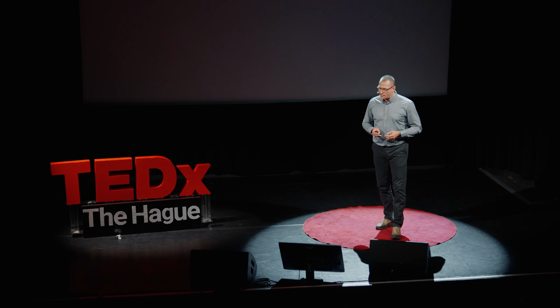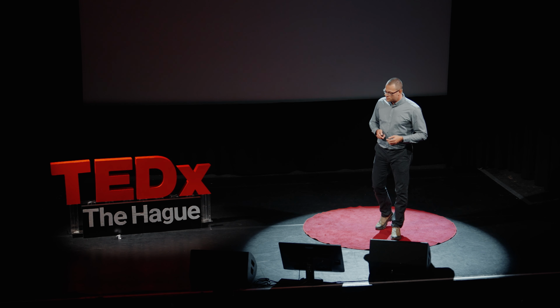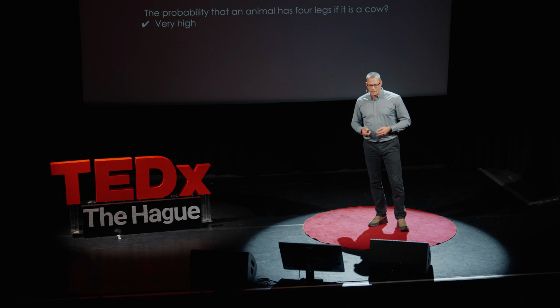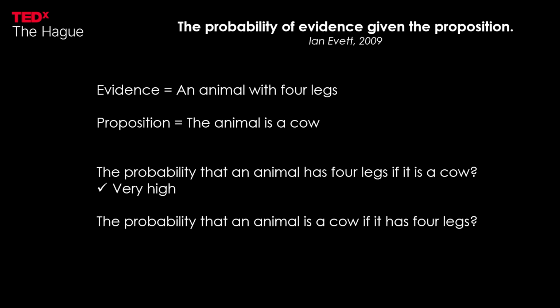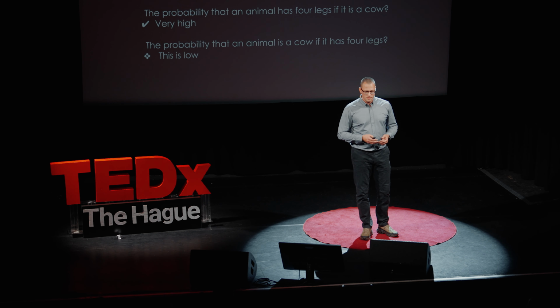And our proposition is that the animal is a cow. So if we do it correctly, you would state that the probability that an animal has 4 legs, if it is a cow, is very high. However, if you turn that around and you talk about the probability that an animal is a cow if it has 4 legs, it's not that probable anymore.